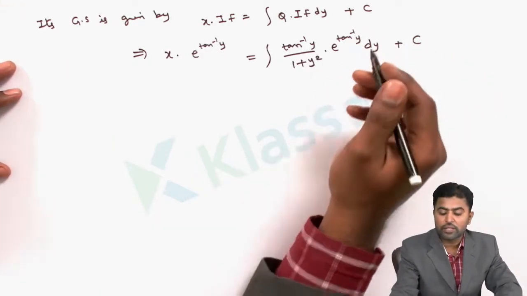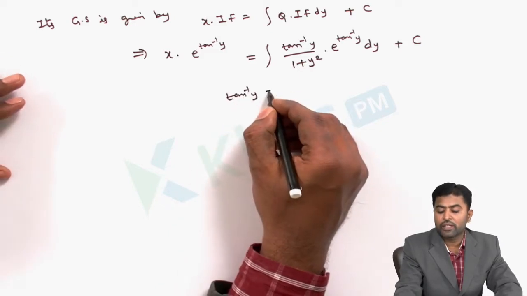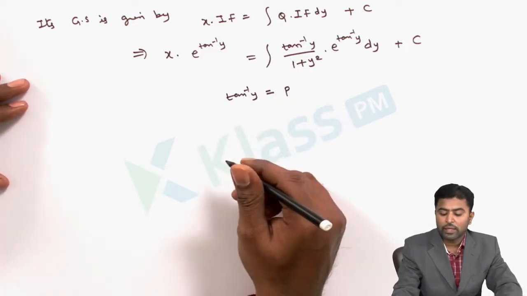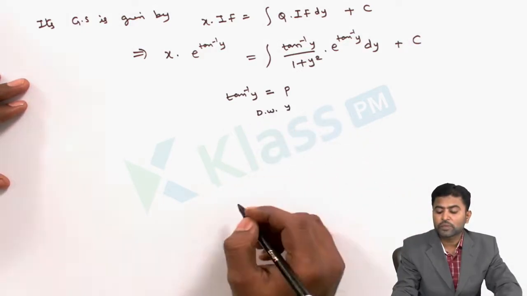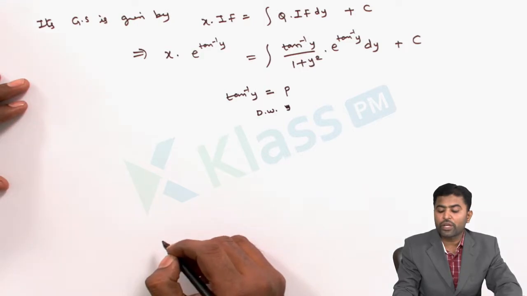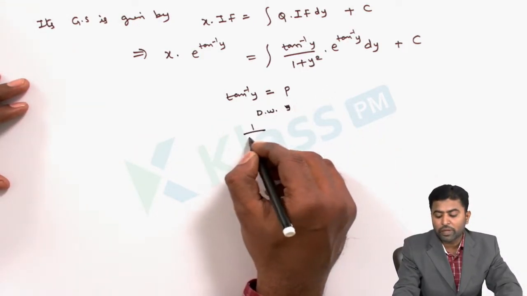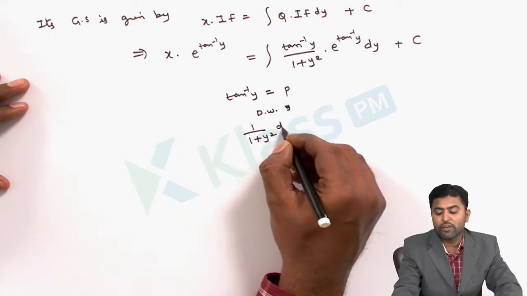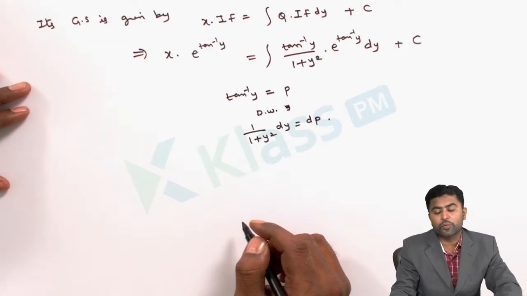Now for solving this, I can take the substitution tan inverse y = p. Then differentiating, we get 1/(1 + y²) dy = dp.